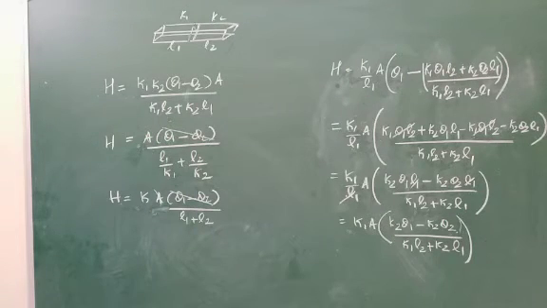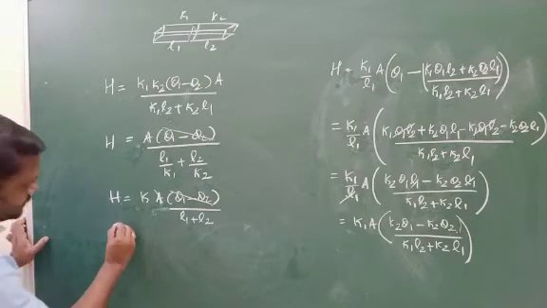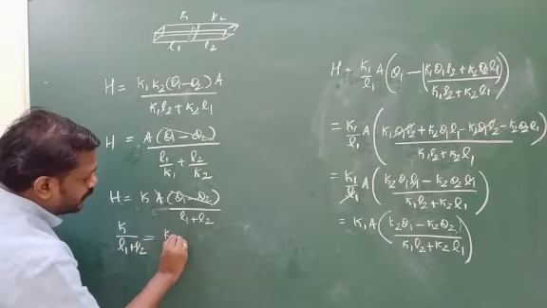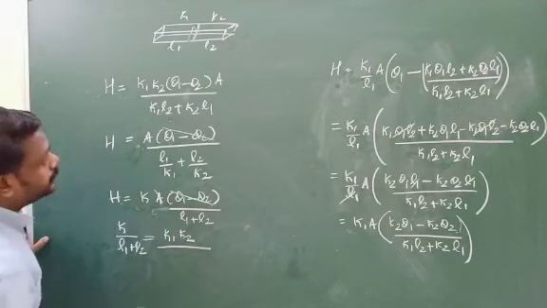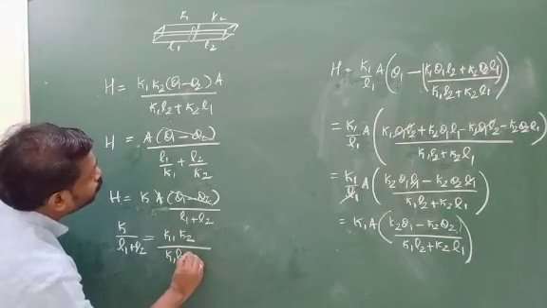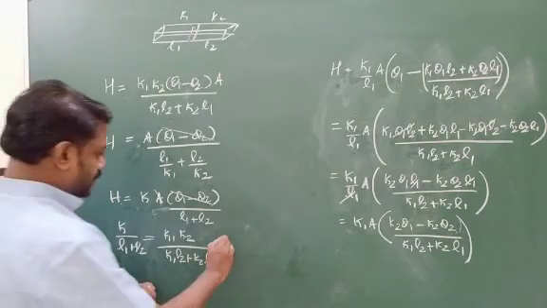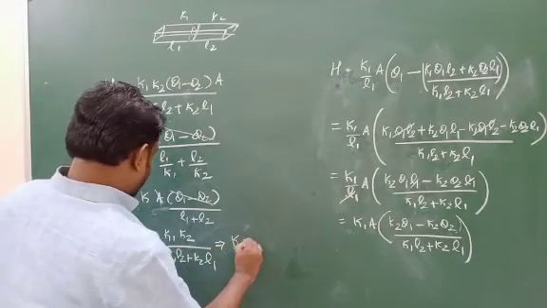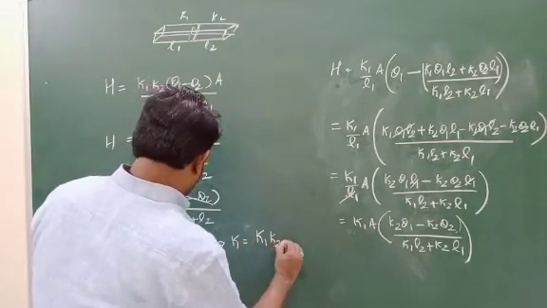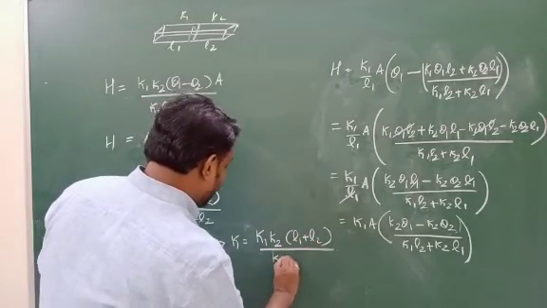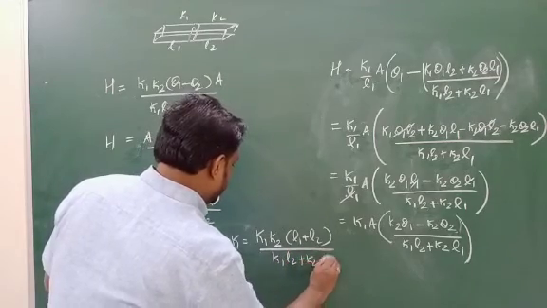So K by L1 plus L2 is equal to K1 K2 divided by K1 L2 plus K2 L1. Therefore K is equal to K1 K2 into (L1 plus L2) divided by K1 L2 plus K2 L1.